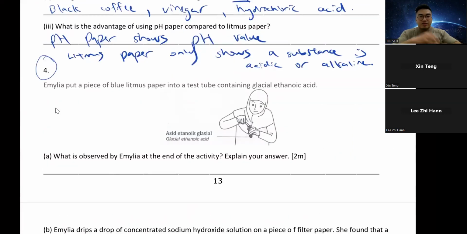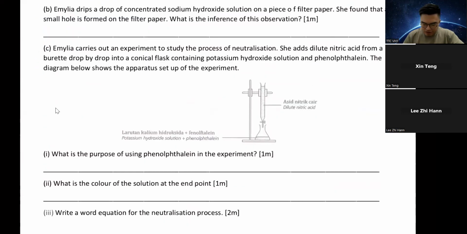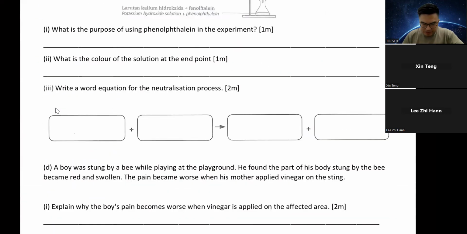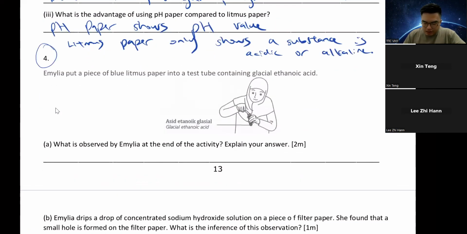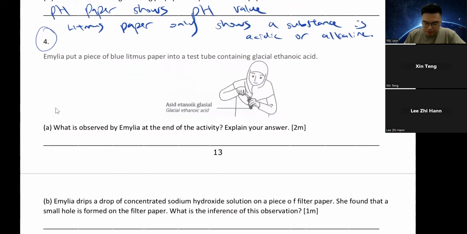Okay, guys, let's look at question 4. This is the last question. I'll give you the answer. She put a blue litmus paper into glacial ethanoic acid. Glacial means dry. Like I said before, if an acid is dry, it will not show you any property.